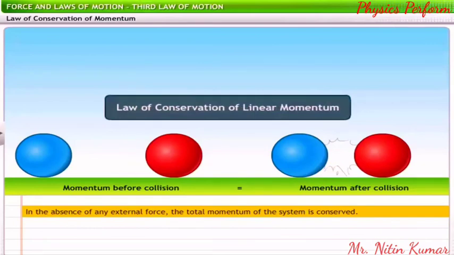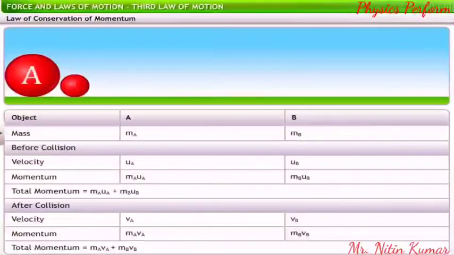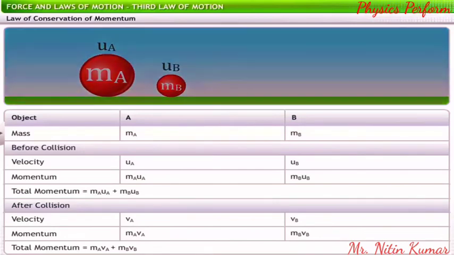In this lesson, we will focus on linear momentum. Therefore, the law of conservation of momentum in this lesson actually refers to conservation of linear momentum. To understand this law, consider two spheres, A and B, of mass MA and MB, moving along a straight line.